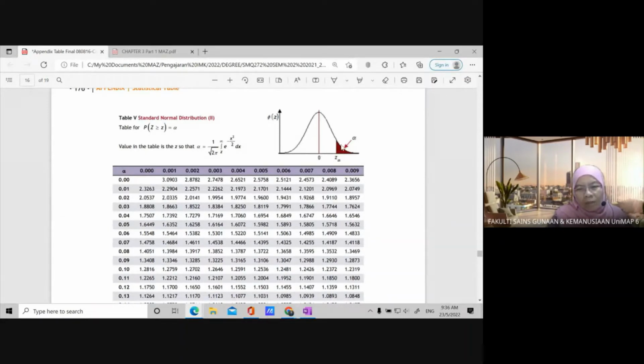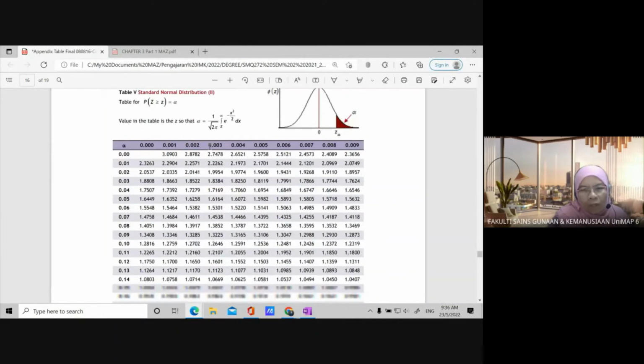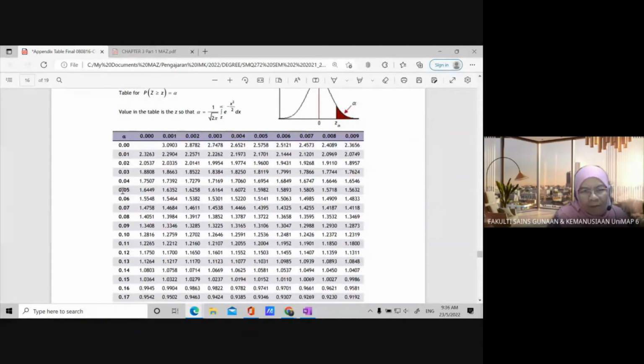You are still talking about the probability value for the shaded area here, the brown one, and the Z value. But now, your Z value is depending on the shaded in brown probability value. So if let's say I name this as alpha, so according to this particular probability value or alpha, I can find the Z alpha value that reflects this probability value. So that's why when you look at your table, your first column is reflecting the probability value.